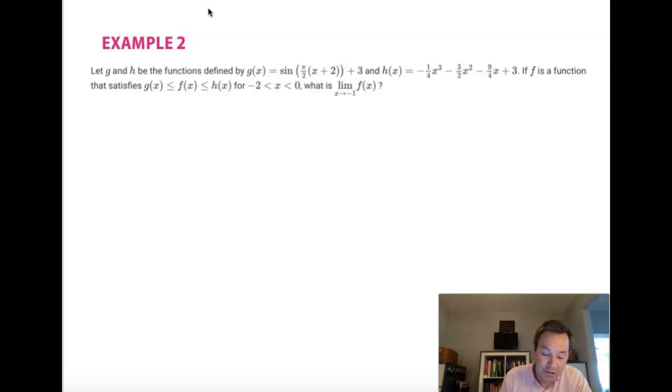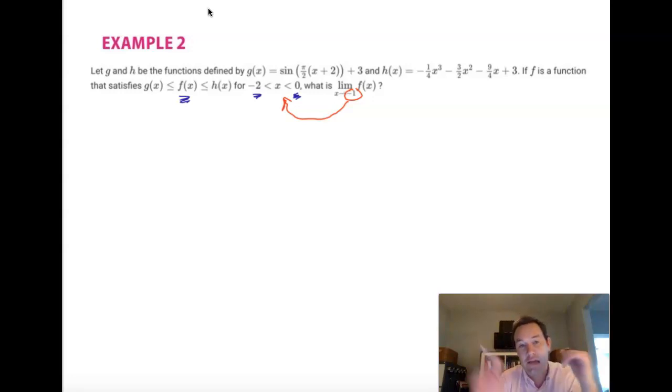So f is a function such that f is always between g and h as long as x is between negative 2 and 0. And they want to know what's the limit of f of x as x approaches negative 1. Well, notice negative 1 is on that interval. It is between negative 2 and 0. And so we know that g and h surround f on that interval.